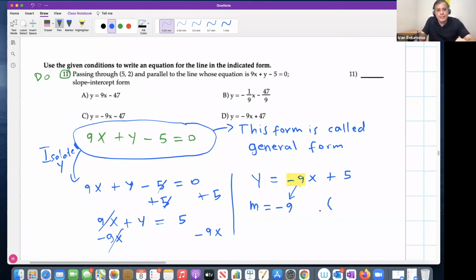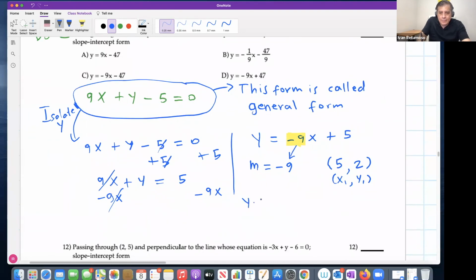The point is 5,2. It's going to be x1, y1. And just apply y minus y1 equals slope times x minus x1. y minus 2 equals slope -9 times x minus 5.